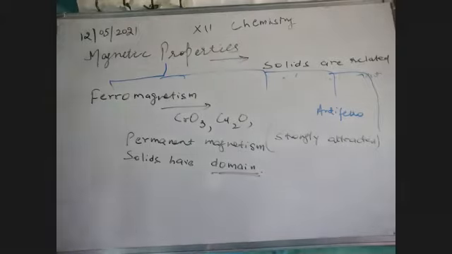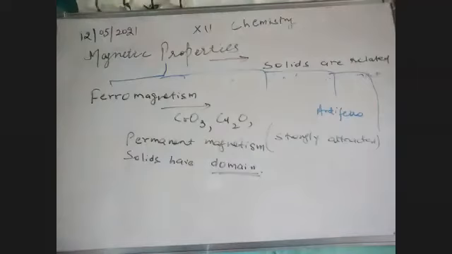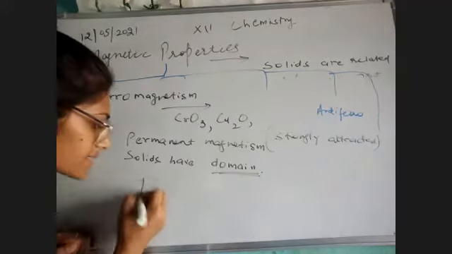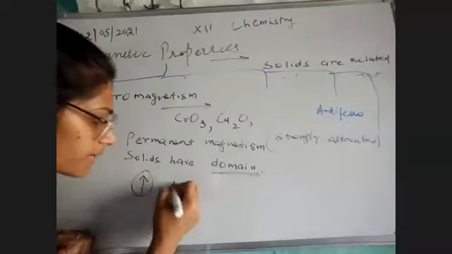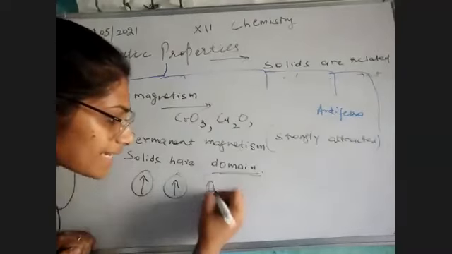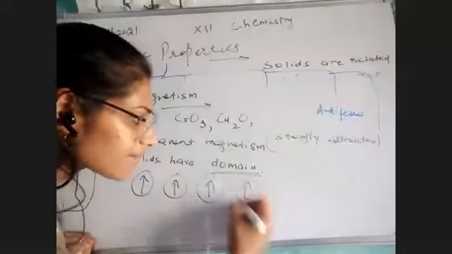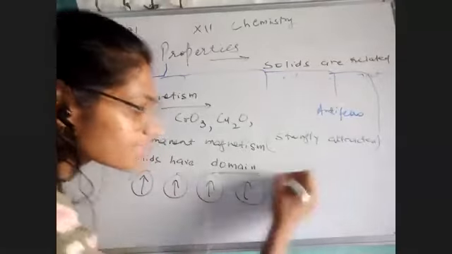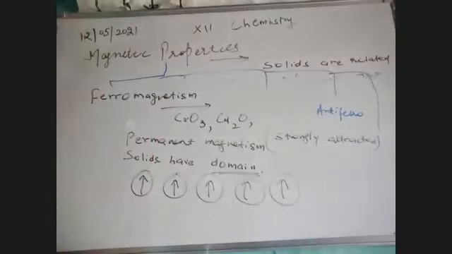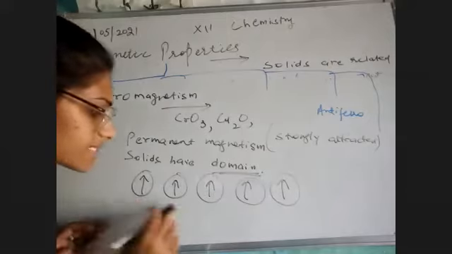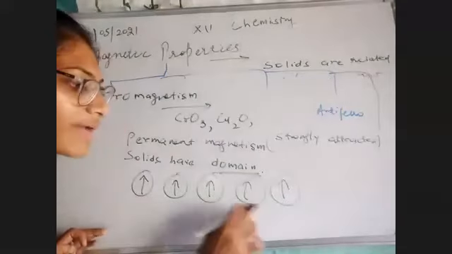The domains are something in which our molecules are arranged in small groups, and each domain is behaving like a magnetic field. Each domain is perfectly aligned in the same direction.